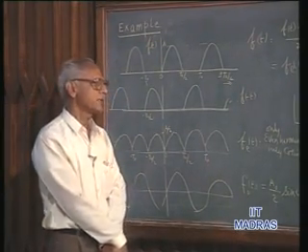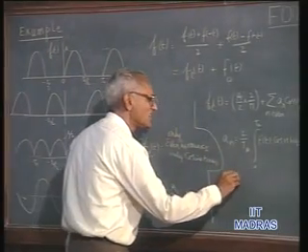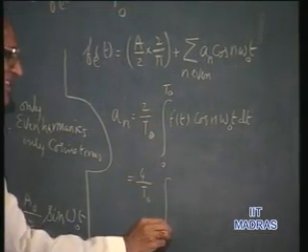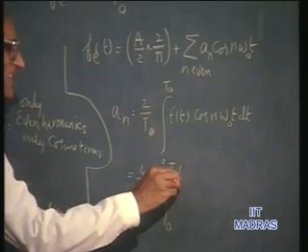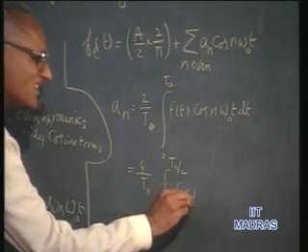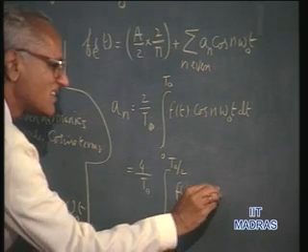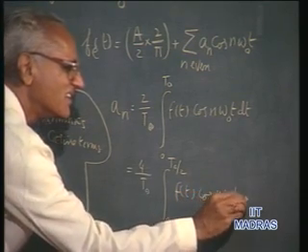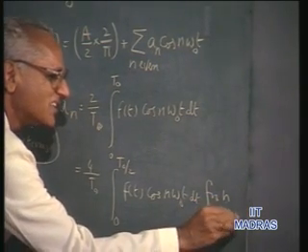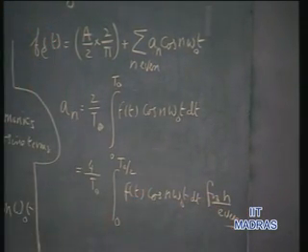Exactly the same way we can show that this is equal to 4 upon t naught 0 to t naught upon 2. That means we are taking the average of this function over half cycle, f of t cos n omega naught t dt for n even only. You see, this particular formula will not be valid for n odd.